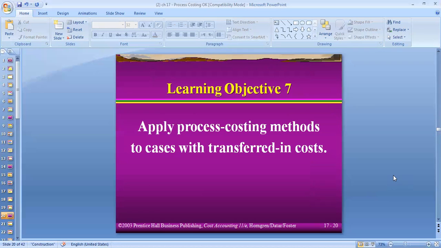Here, apply process costing methods to cases with transferred in costs. This will be explained in the next Zoom lecture, after explaining it in the live, face-to-face lecture.